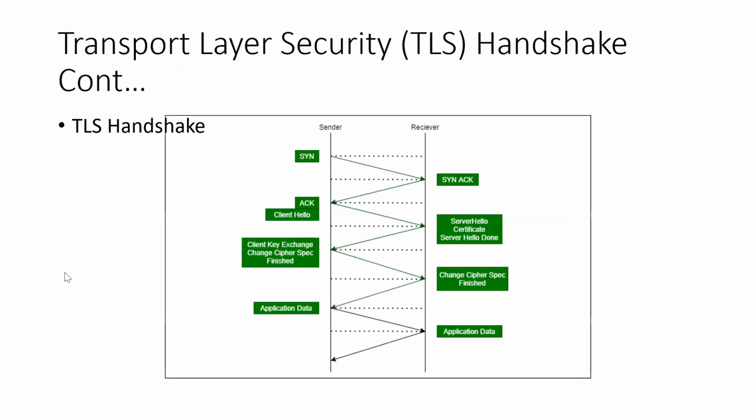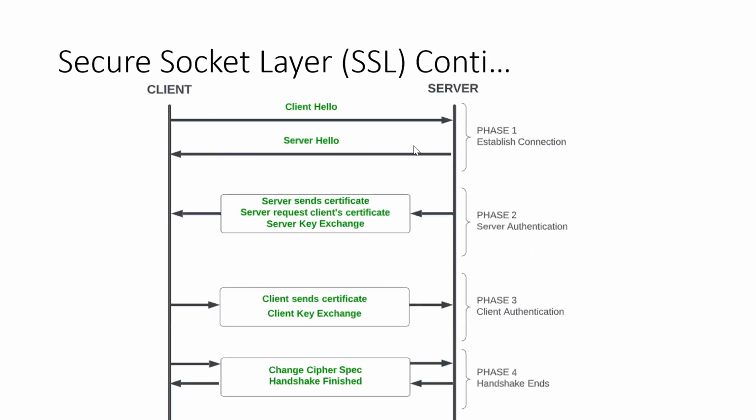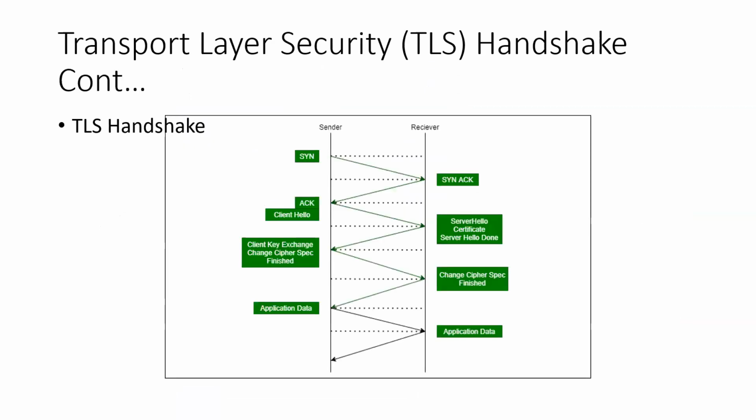Now, when it comes to looking at this diagram, initially it was like this. The client says hello, and the server also says hello. Then the server sends its certificate and requests the certificate from the client, along with server key exchange. Okay, but when it comes to TLS, you start with a SYN. The sender sends a SYN, then the server sends a SYN-ACK to the client. Okay, start with the SYN. Then the client gets the acknowledgement. It says hello.